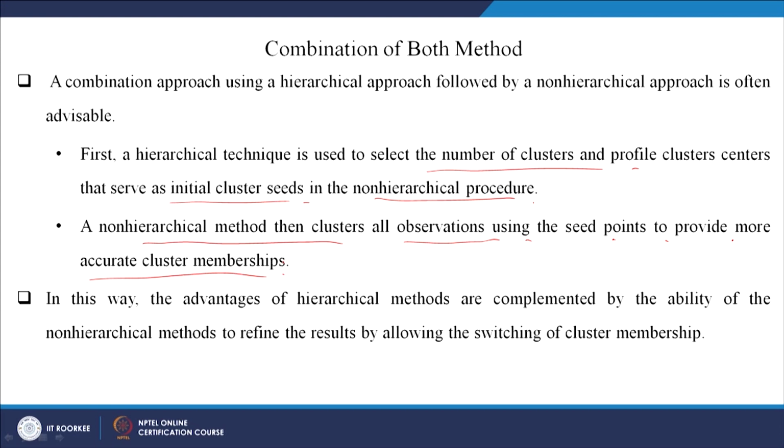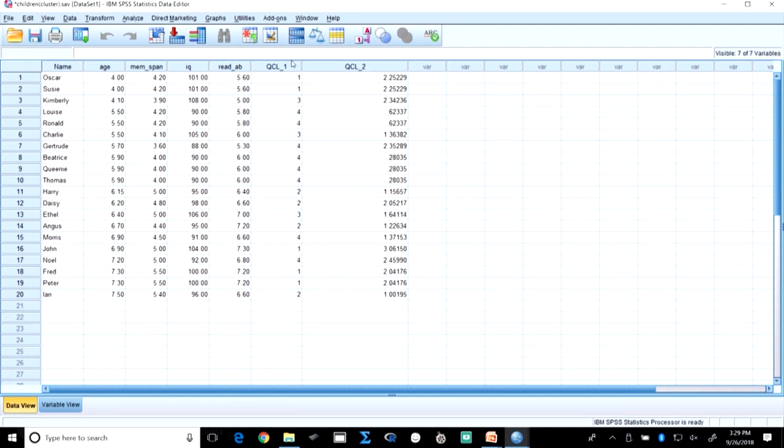Now, I wanted to show you something here. Let us go to the data set. Everything is given to you now: which respondent falls into which cluster, and the cluster distance. The higher the distance, the farther the member is.